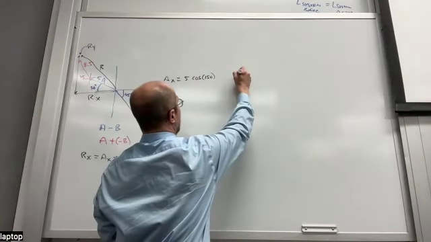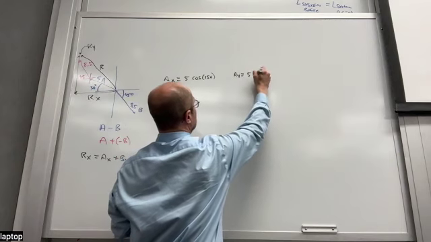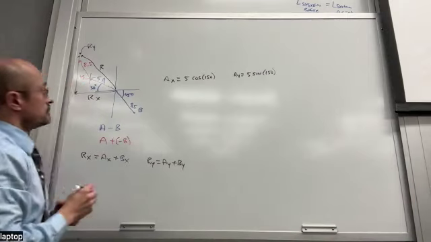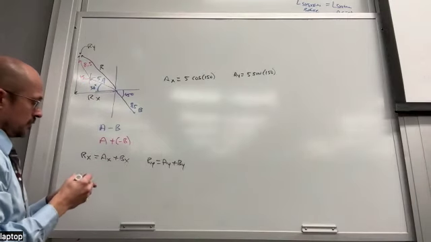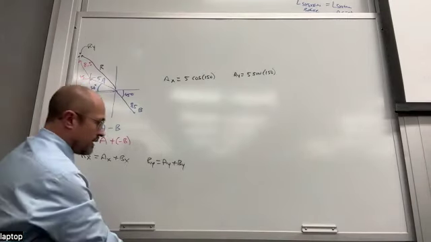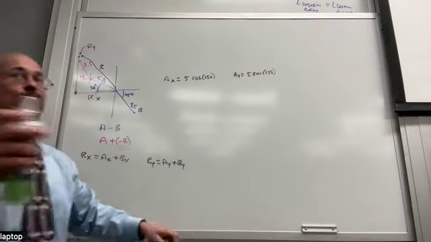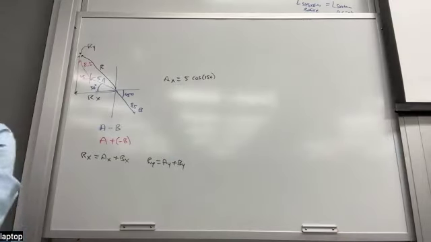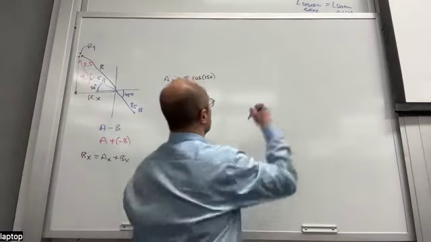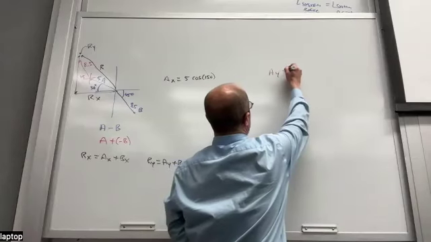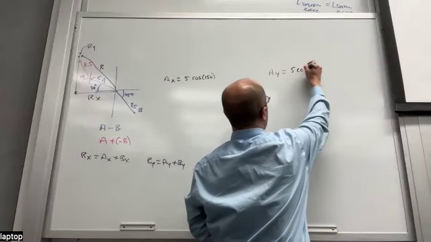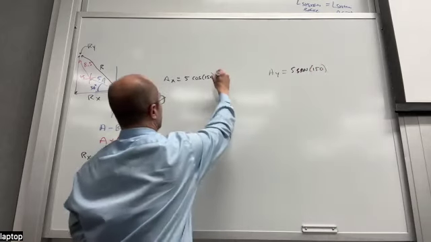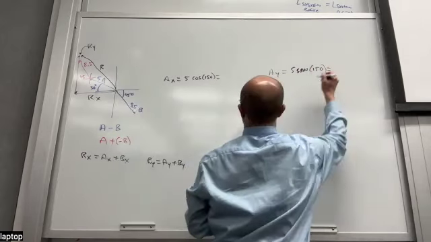Then we have our AY, and this is 5 sine of 150. So we can get a number here and a number here.